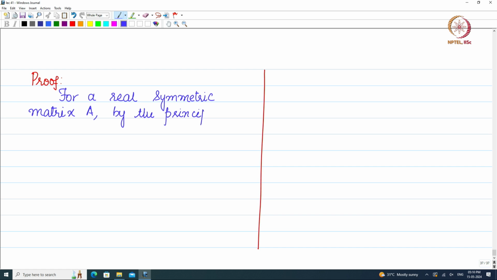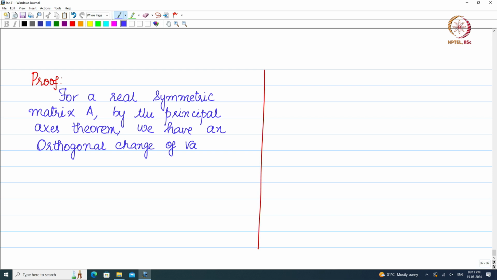We have an orthogonal change of variable x is equal to P y such that the quadratic form of x can be written as x transpose A x.